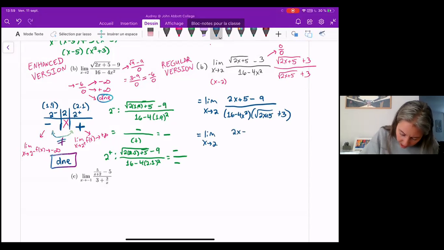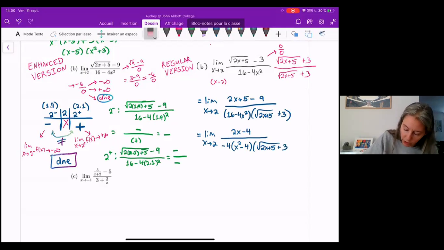So 5 minus 9 is negative 4, so we replace that with 2x minus 4. I'm going to factor out a negative 4 on the bottom because I can see that that is my greatest common factor and get that this is x squared minus 4 times root 2x plus 5 plus 3. Sorry, that plus 3 is not under the radical there, so be careful about that.